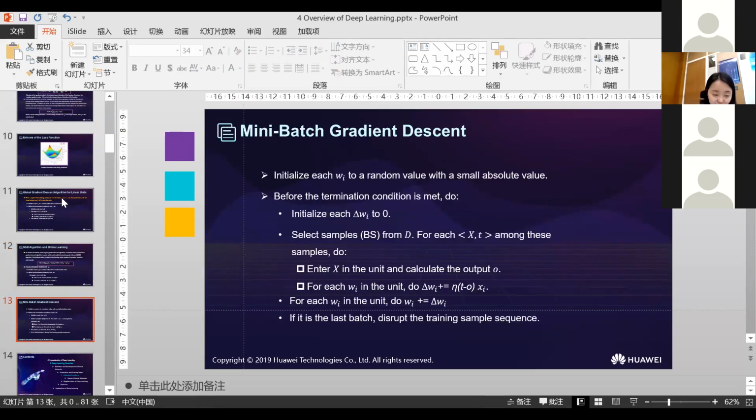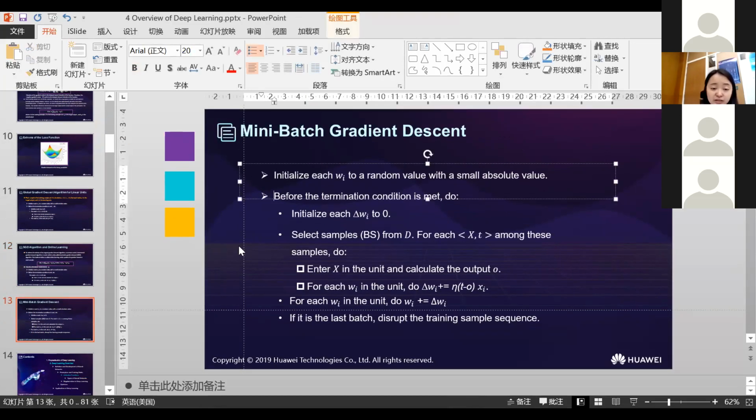So here, the third type of gradient descent algorithm, we call it mini batch gradient descent. Mini batch gradient descent is an algorithm in between global gradient descent and stochastic gradient descent.